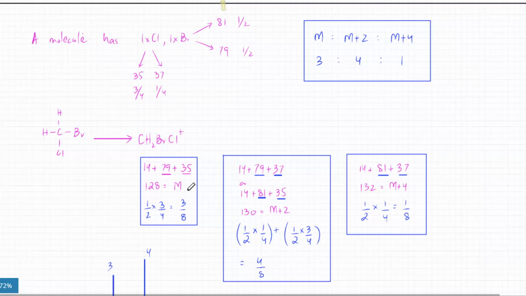That would be your molecular ion. The probability of getting 79 is 1 by 2, as given over here. And the probability of getting 35 is 3 by 4. So 79 and 35 is half into 3 by 4, which gives you 3 by 8. So out of 8 events, 3 times you're going to detect this particular mass. Is that clear?